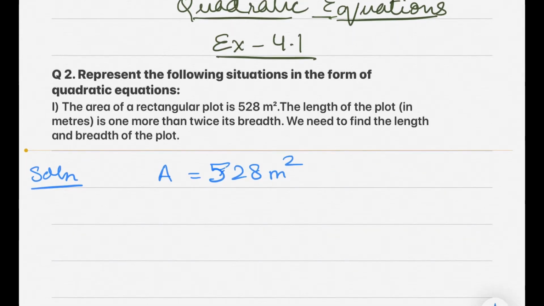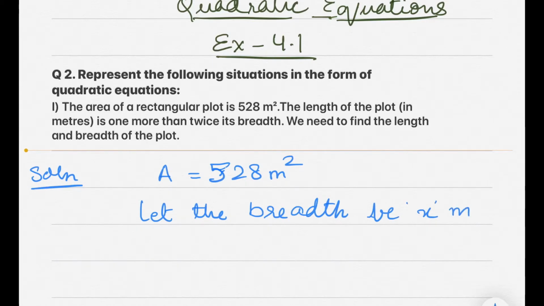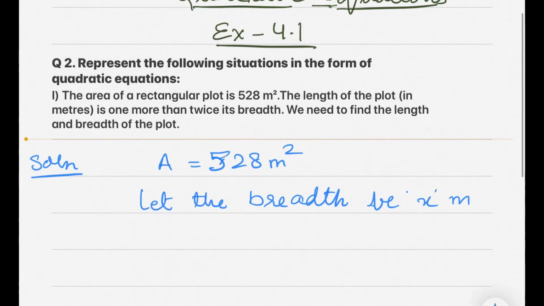let the breadth of this rectangle be x, because area is given in meter square, so I'll take meters. Okay, so let the breadth be x meter. So therefore the length would be how much?